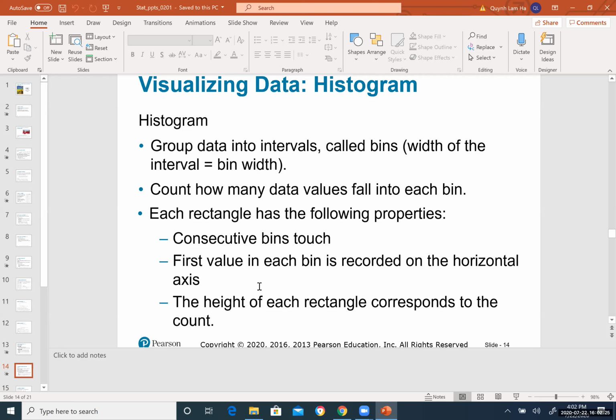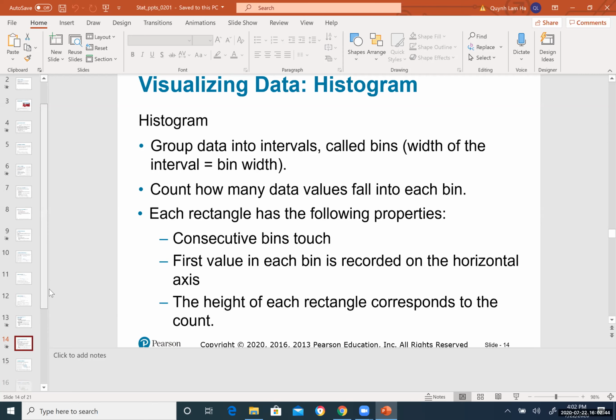So the first value in each bin is recorded on the horizontal axis. The height of each rectangle corresponds to the count. In another word, the count is the frequency. Okay, let's move on to the next one.